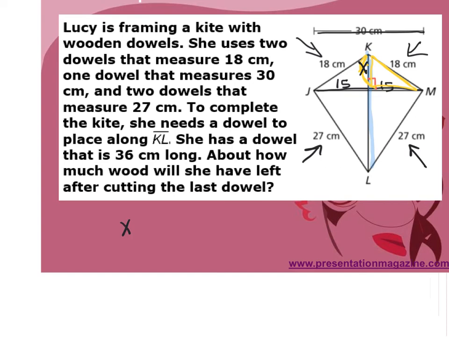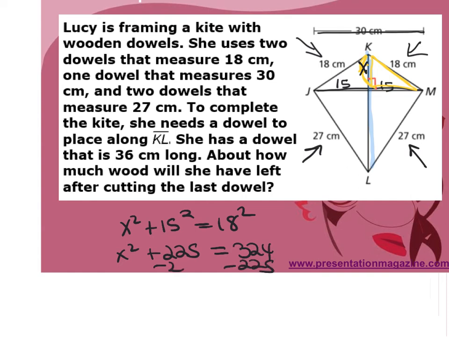So I'm going to do x squared plus 15 squared equals 18 squared. X squared plus 225 equals 324. Subtract 225.